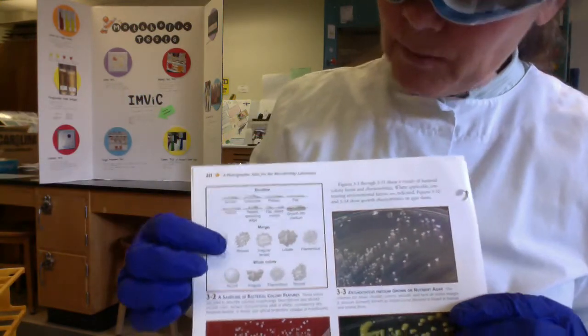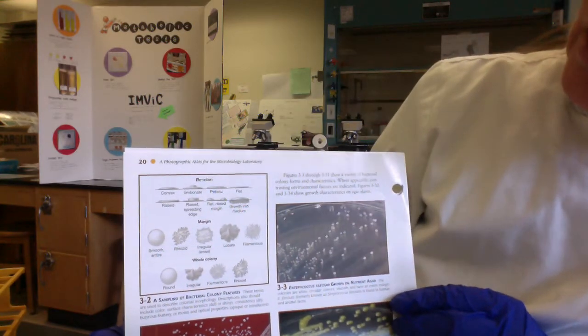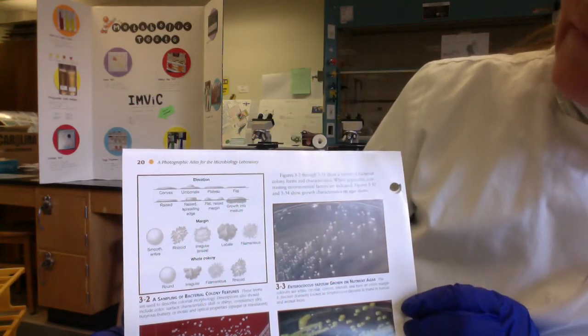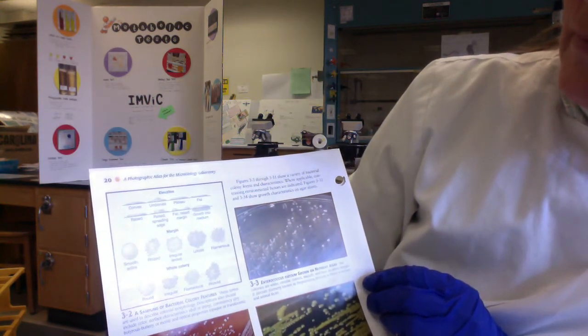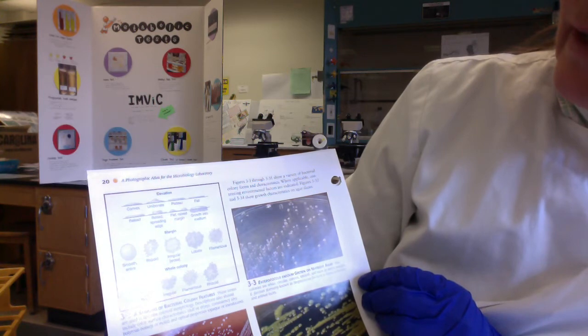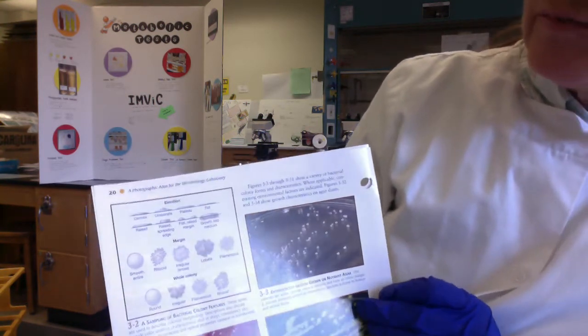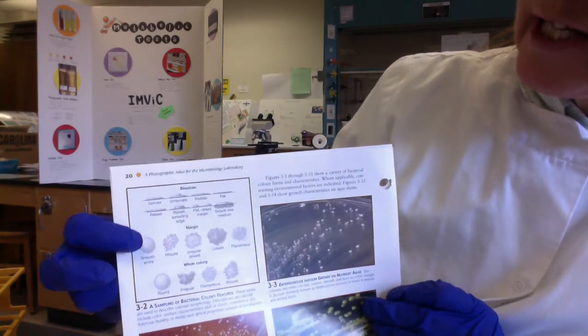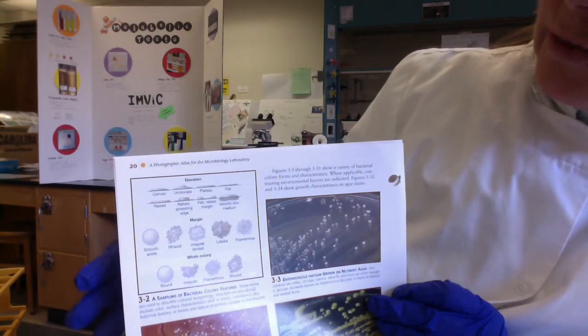So these are some of the features that we use to describe our colonies. So we can describe elevation. We can describe the margin, and another name for the margin is the edge or the border. So you see different examples of margins or border here.